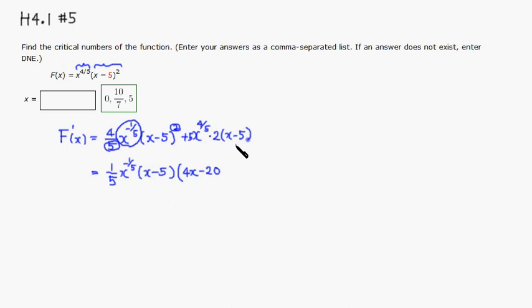Actually, maybe I'll factor x minus 5 out first, so that's factored out. If you factor out x to the negative 1/5 from x to the 4/5, you're dividing by x to the negative 1/5, so you end up multiplying by x to the 1/5. So 4/5 plus 1/5 is going to give you 1, so this is going to be just x. But since you have 2 and 5, that's going to be plus 10.